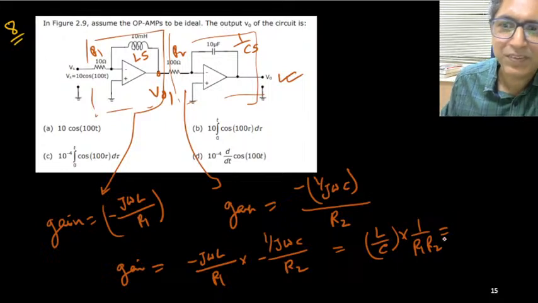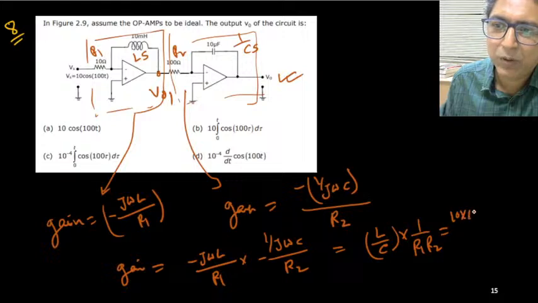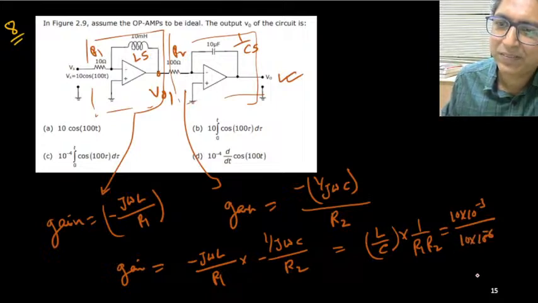Now can you calculate the gain? L is given as 10 milli, 10 to the power minus 3. What is C? C is 10 micro, 10 to the power minus 6. And what is R1? R1 is 10. And what is R2? R2 is 100.